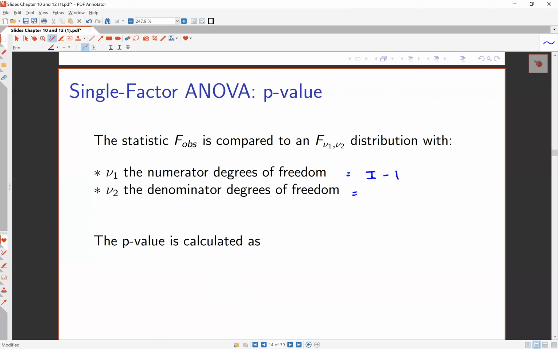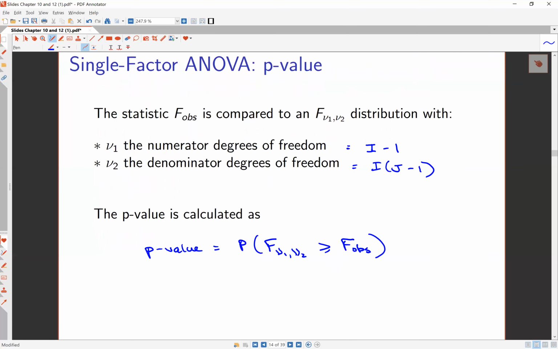The denominator degrees of freedom is equal to I times J minus 1. And the p-value of the test is then calculated as the probability of having a random variable with an F distribution with those specific degrees of freedom being greater than or equal to the observed F value.